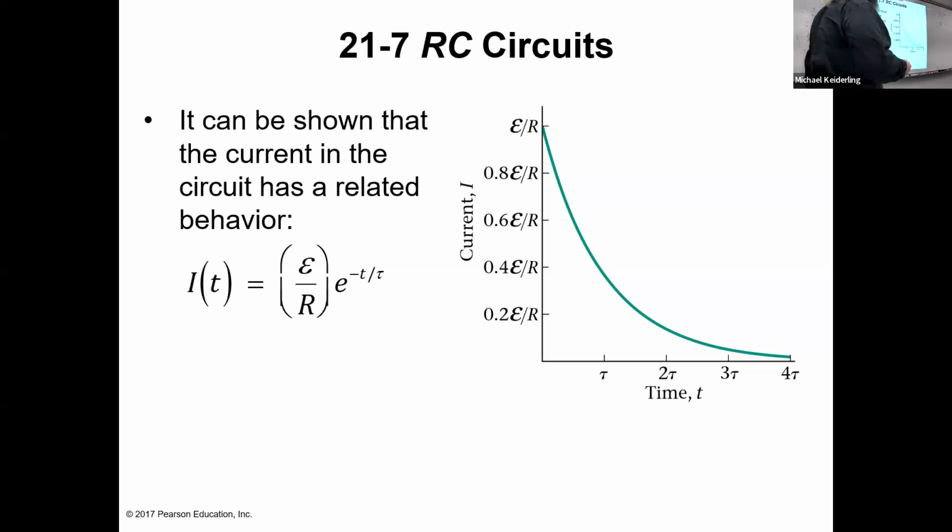Yeah, so current is epsilon over r times e to the minus t over tau, because this term goes away, and then you get a factor of 1 over tau times capacitance times epsilon. The capacitance cancels, leaving epsilon over r.